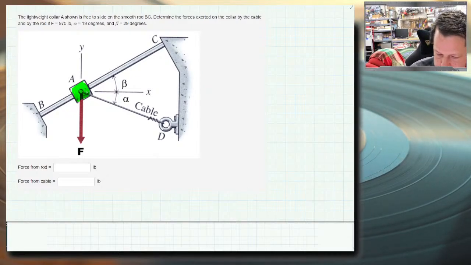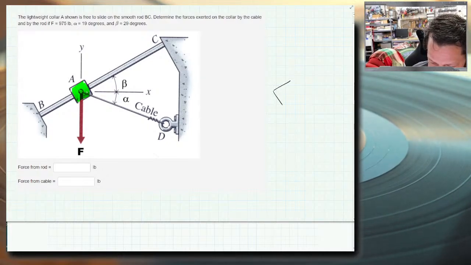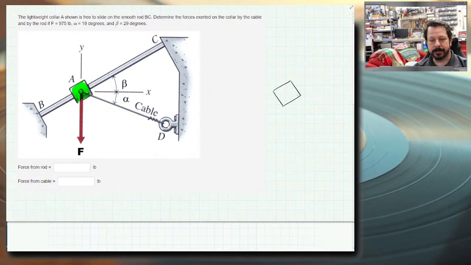So let's just go over to the side here. Make sure I'm still on the screen. Kind of draw the body. It doesn't have to be super accurate as to representing the body that we're copying. It could just be a dot. So a lot of times for a concurrent force system, you just draw the body as just a dot, the center of the body.